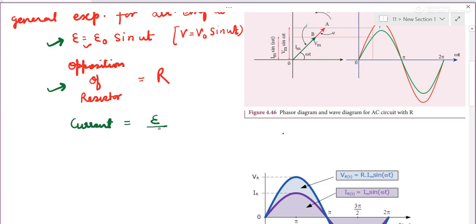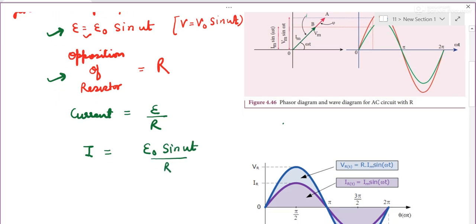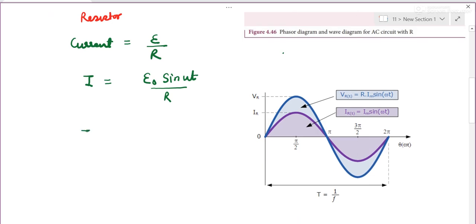Current is voltage upon opposition. So I is equal to E naught sin omega t upon R.